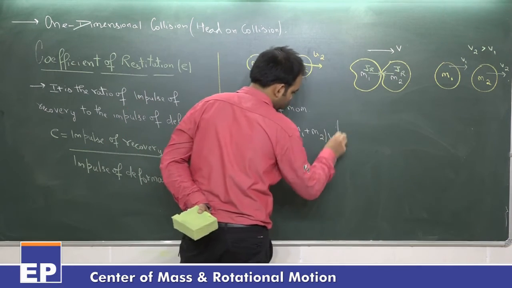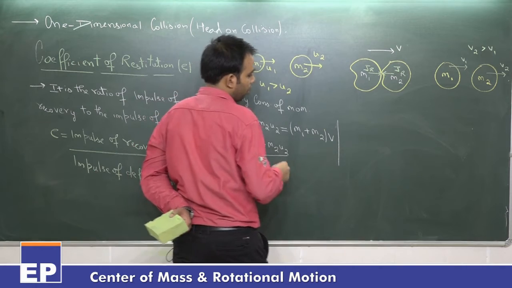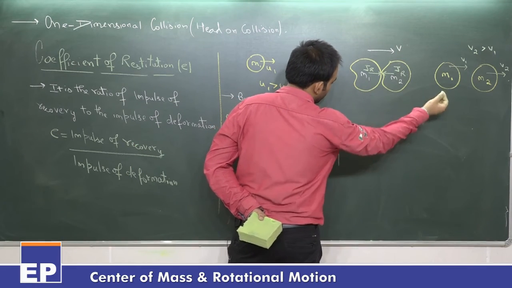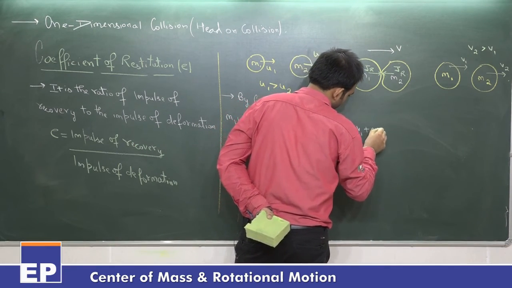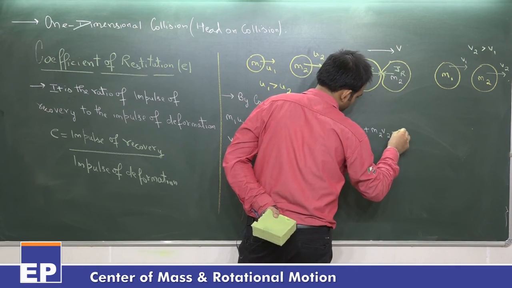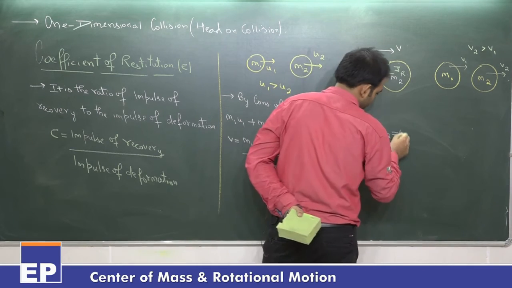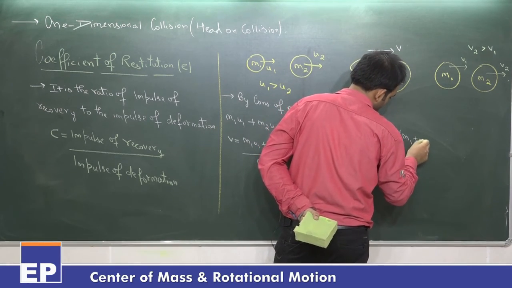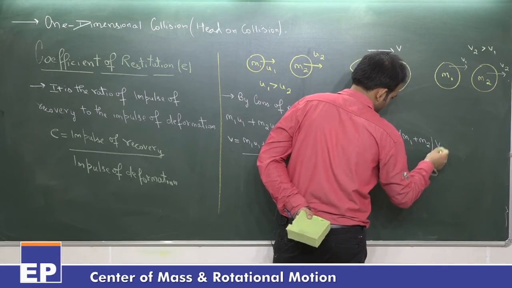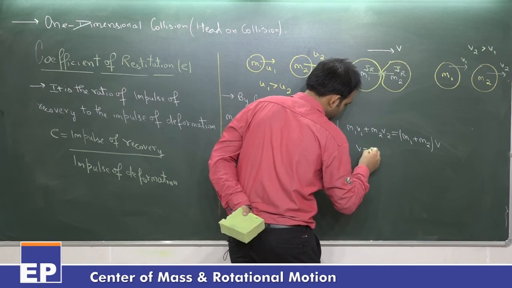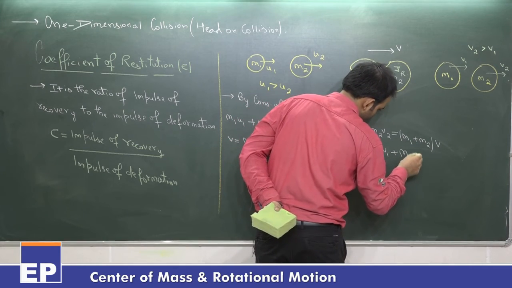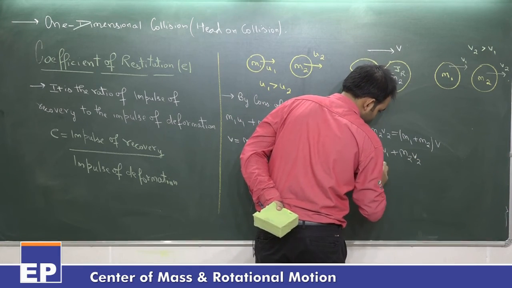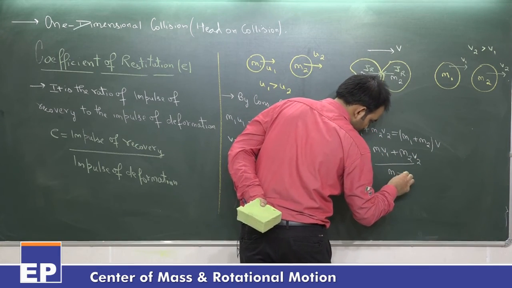Or you can also write it like this, that m1 v1 plus m2 v2 is m1 plus m2 into v. You can also write that v is m1 v1 plus m2 v2 by m1 plus m2.